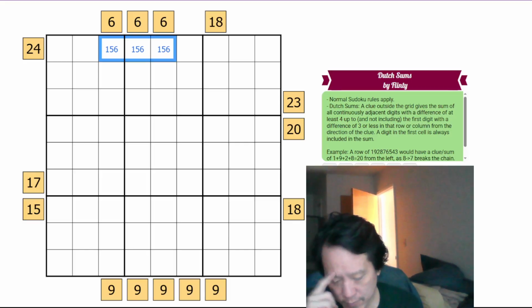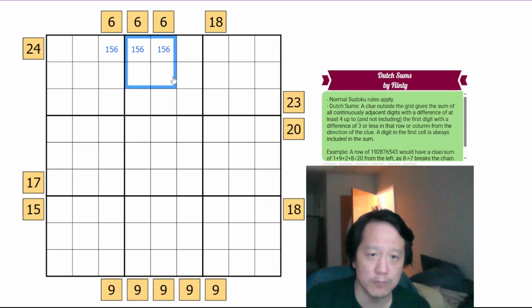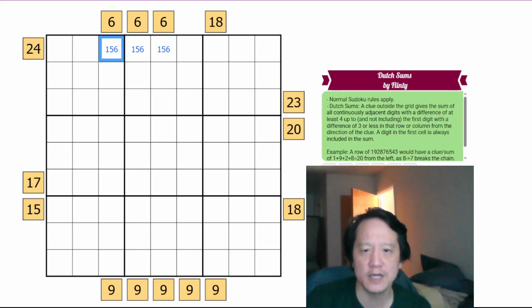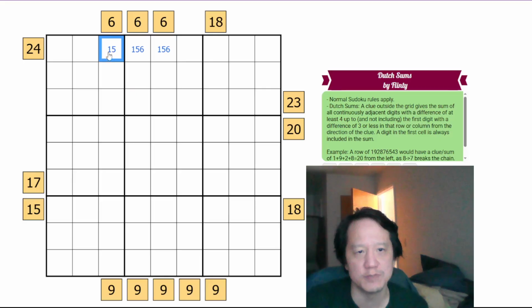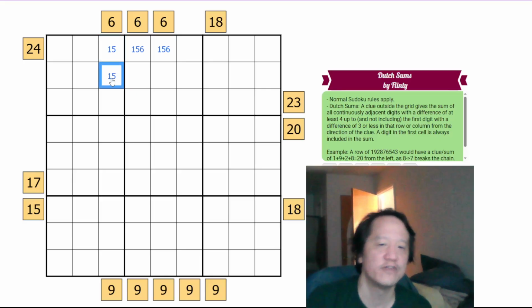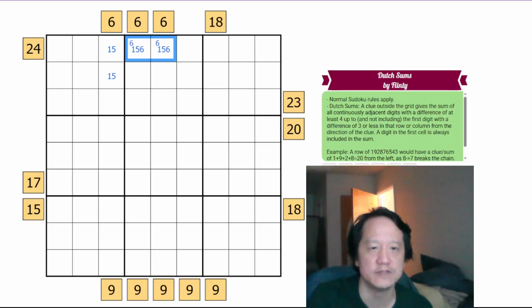And both of these cannot be 1-5 as a pair because that would be too many 1-5s in this box. So this can never be 6 because that would require this to be 1-5-1-5 and 1-5-1-5 to add up to 6. So this cannot be 6, which means this must be a 1-5 pair here, and 6 is one of these digits here.